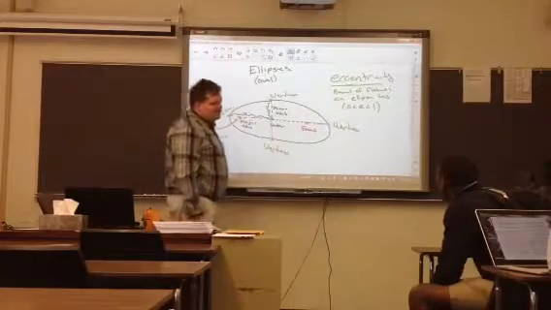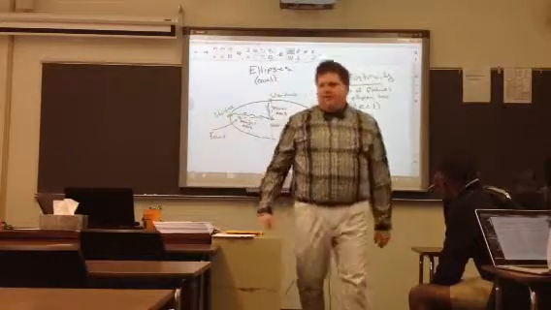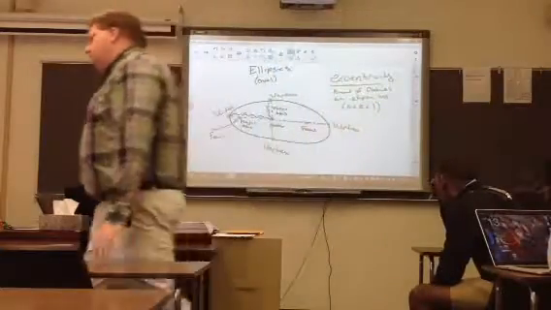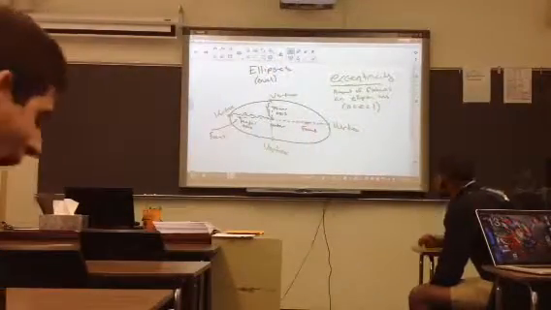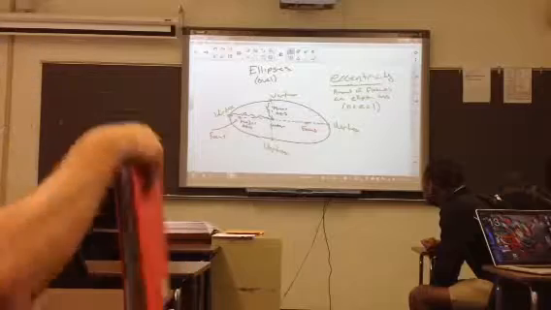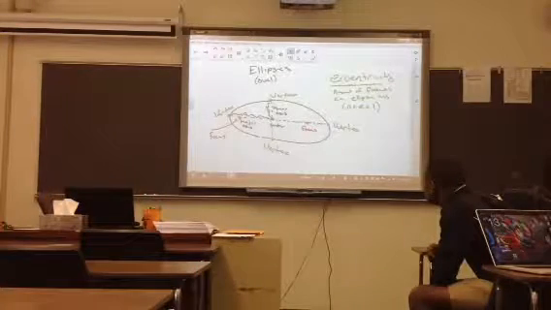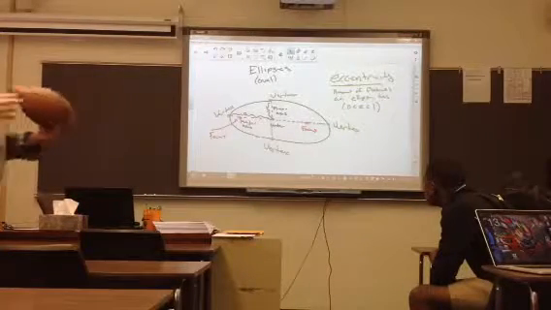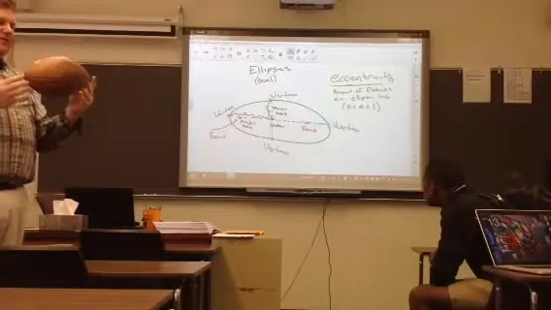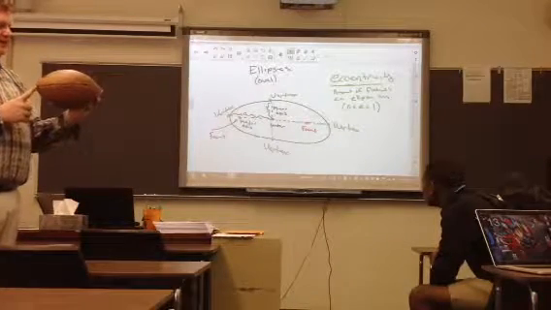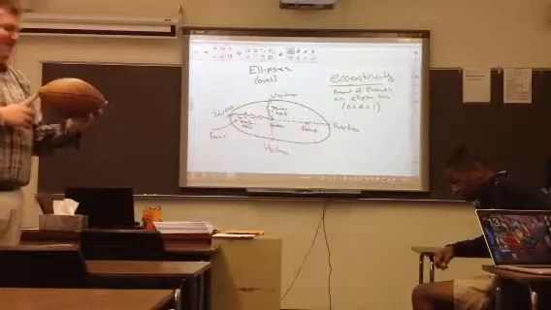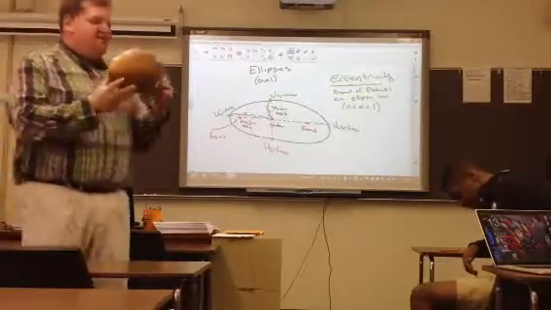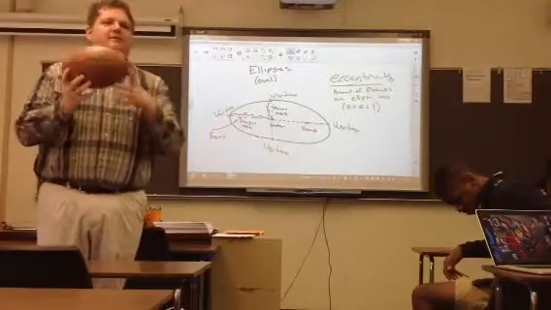An ellipse is basically an oval shape. You can think of it as a flat circle, or a circle that's been elongated. A way I like to think of it is that a football is basically the shape of an ellipse. Now, American footballs are a little pointed on the ends, so they're not quite as good examples of ellipses, because an ellipse would be more round on this end.